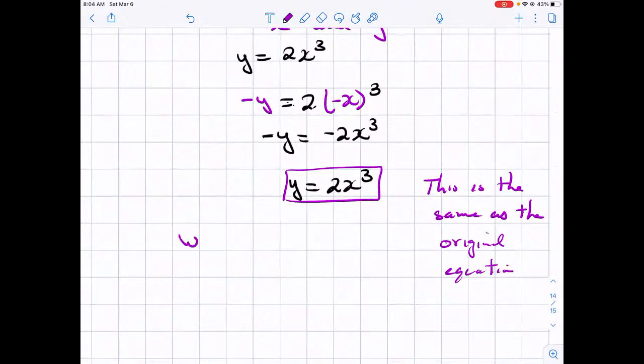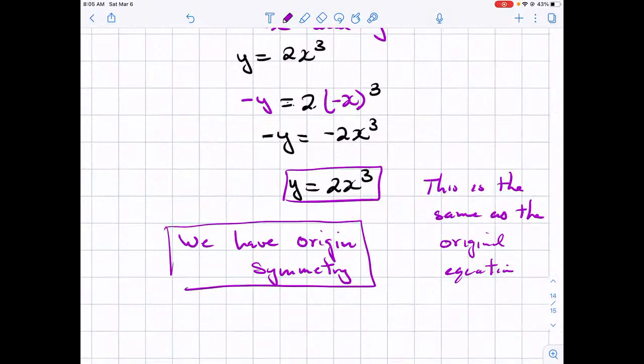So we have origin symmetry. There is only origin symmetry.